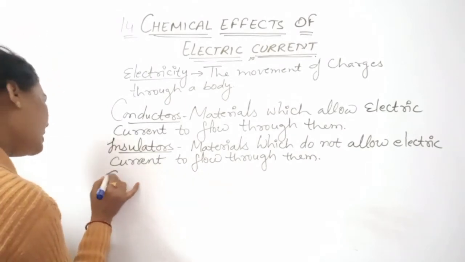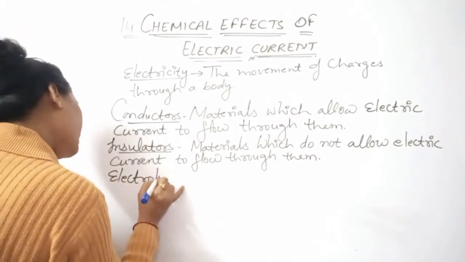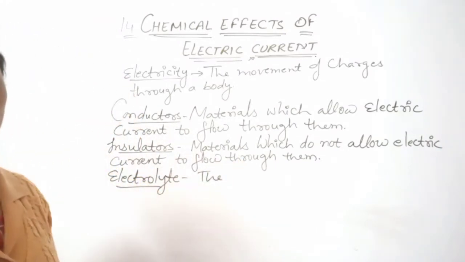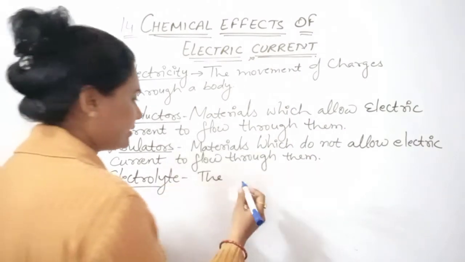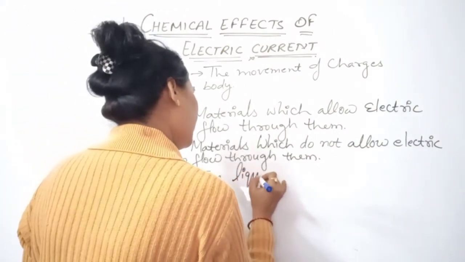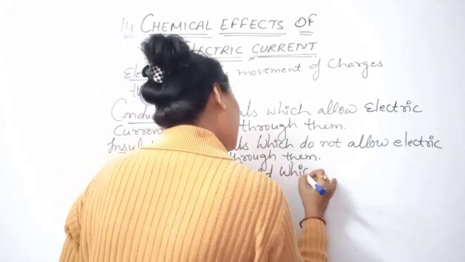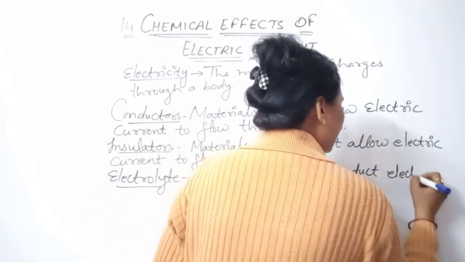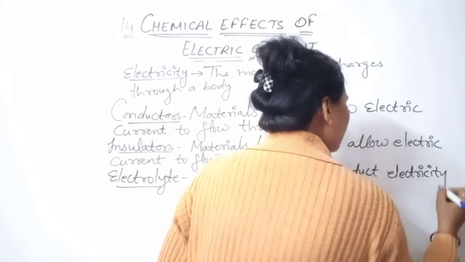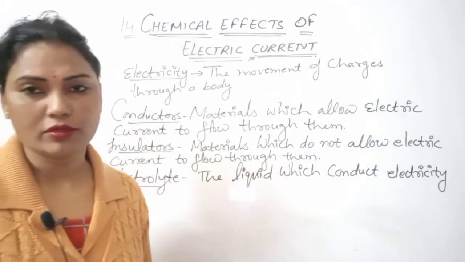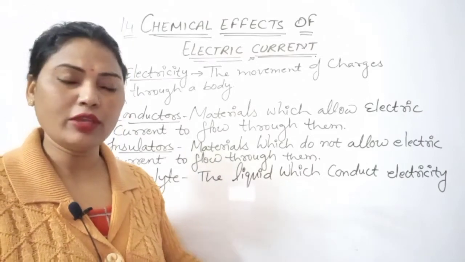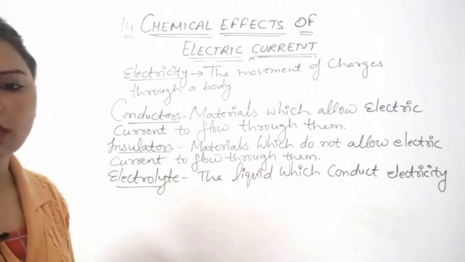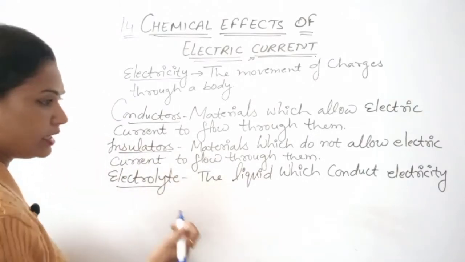So you can write electrolyte: the liquid which conducts electricity and undergoes decomposition. ठीक है, जिसमें इलेक्ट्रिसिटी कंडक्ट होगी और खुद क्या हो जाएगी, डिकम्पोज हो जाएगी. So that you can write. Okay, and undergoes decomposition.